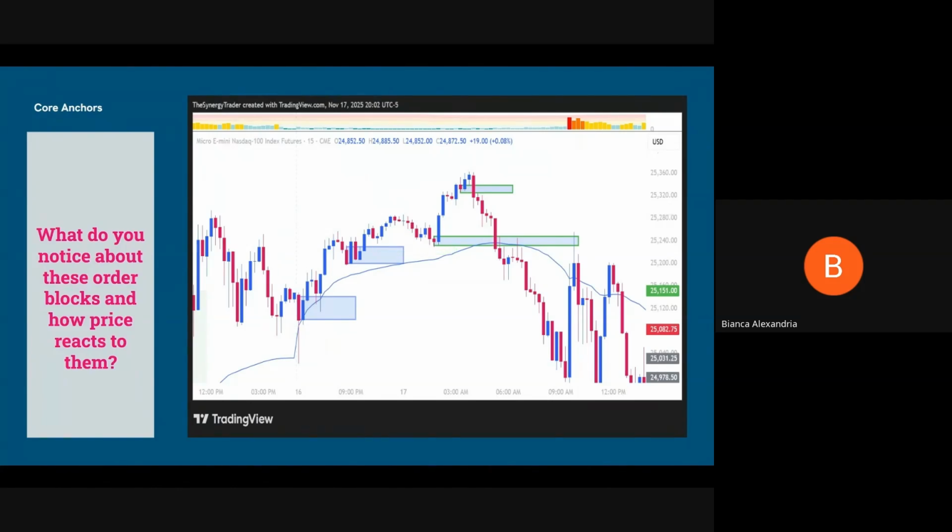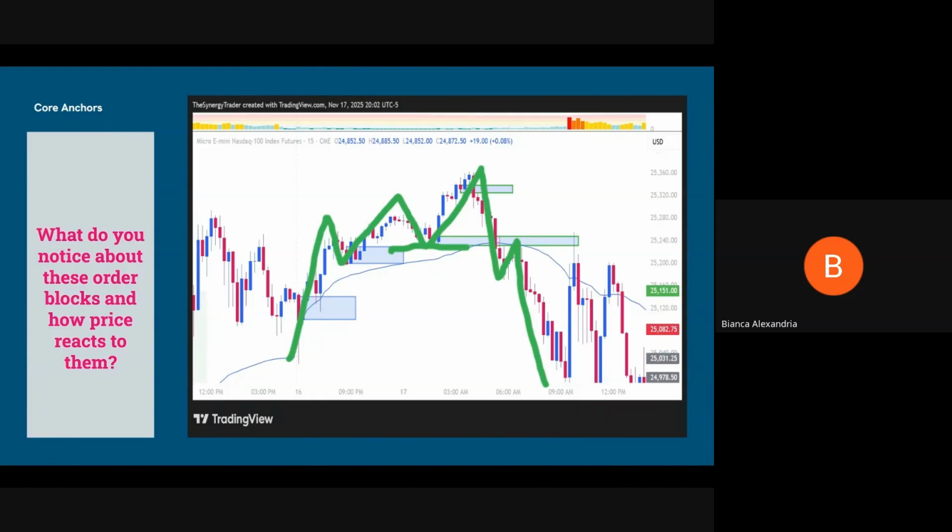Did you guys see that before it disappeared? Okay, because that was definitely user error. So price came to this, made another higher high, and then it broke and made a lower low. Then it came back to this variation of an order block, and then it sold. It broke this previous structure.